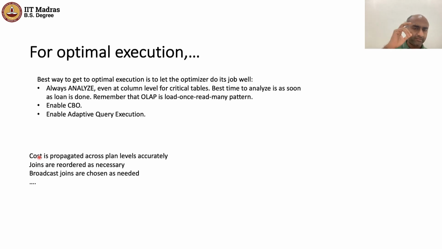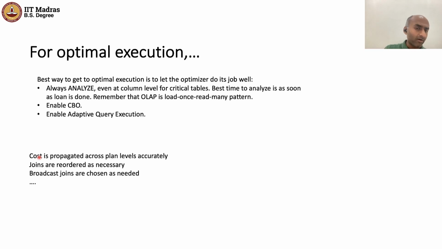So that's one of the things that you have to get yourself tuned to. Remember, the cost is some kind of a relative number. It's not an absolute number. It's not like some 10 seconds on the clock. That's not what the cost is. Cost is relative to the cost involved in reading 1 kilobyte of data from disk. That's the way the cost needs to be interpreted.